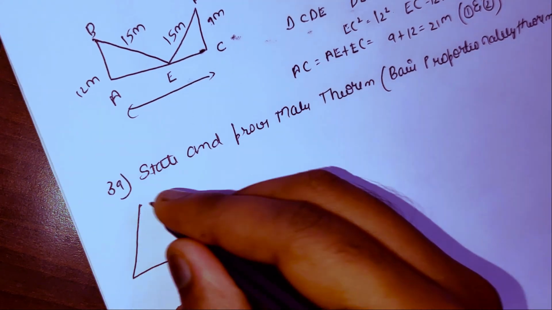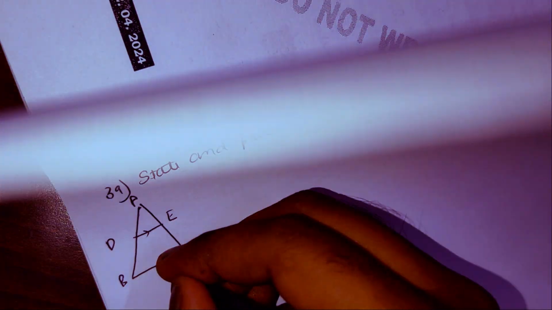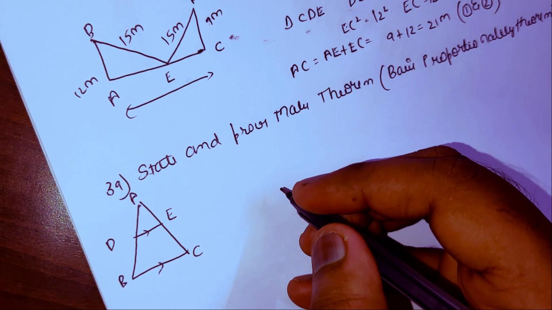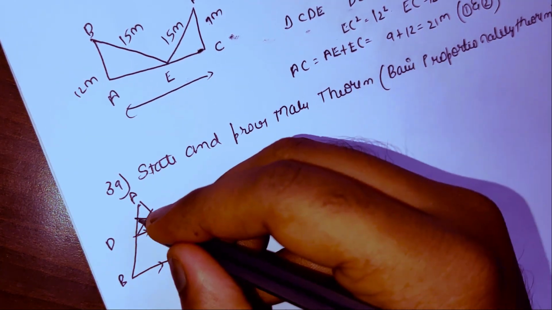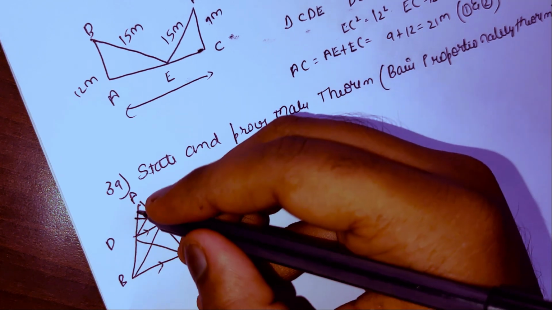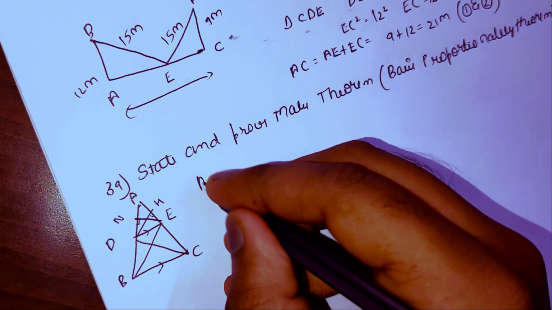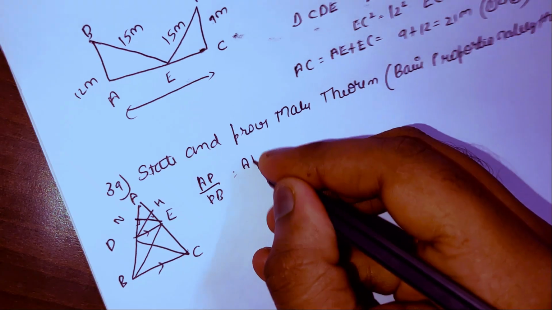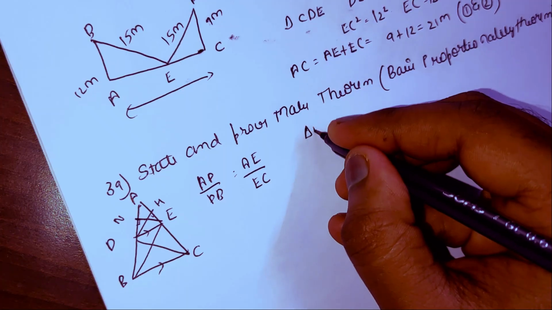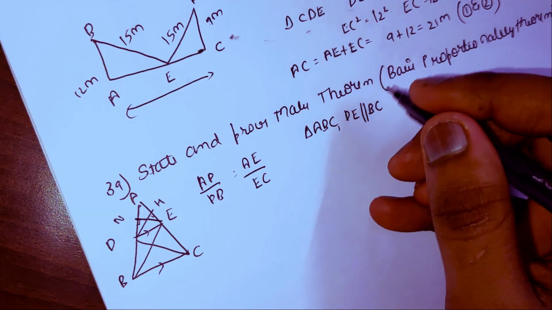We will draw a triangle here, ABC, where DE is parallel to BC. We will do constructions to prove this theorem. We will take join DC and join BE. We will take a line here, that is N, which is perpendicular, and here it is a perpendicular M. To prove AD by DB is equal to AE by EC, we know that in triangle ABC, DE is parallel to BC by Thales theorem.